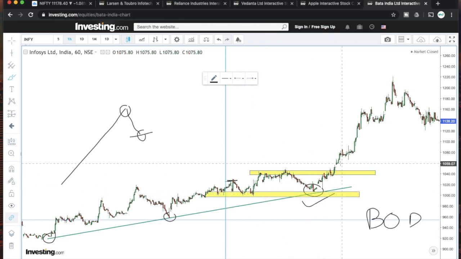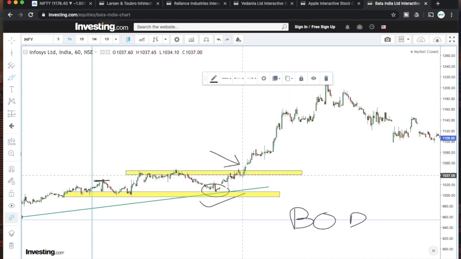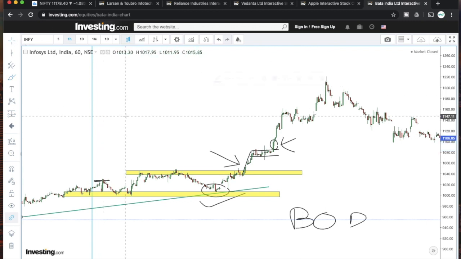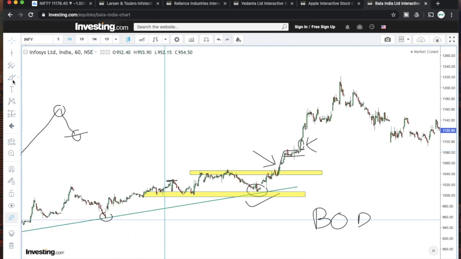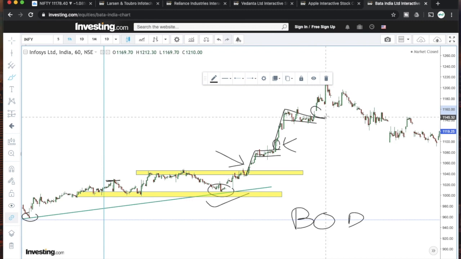The other way is you can buy at this price value when there is a range breakout taking place, and this will really help you to get your profits. Or you can wait for another rally, another high and tight flag kind of formation, and you can buy at this price.